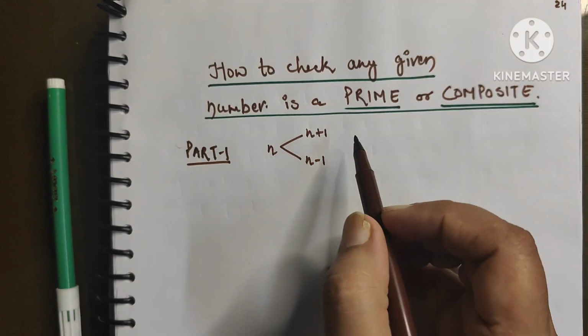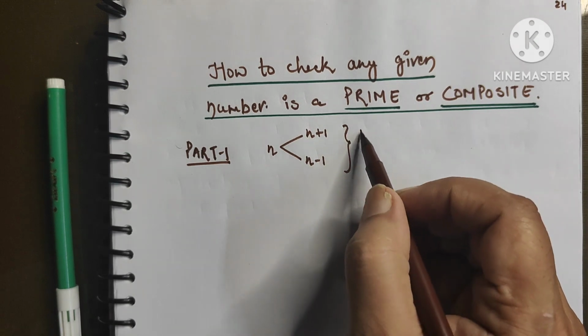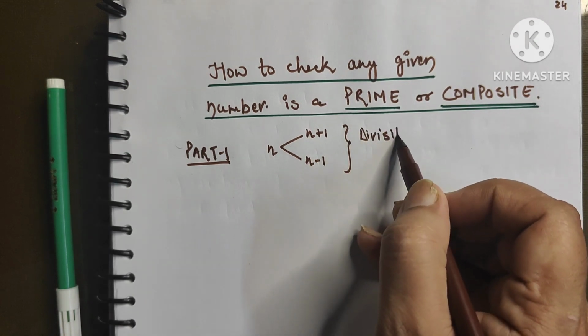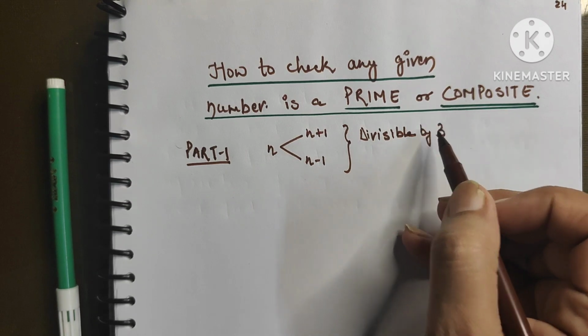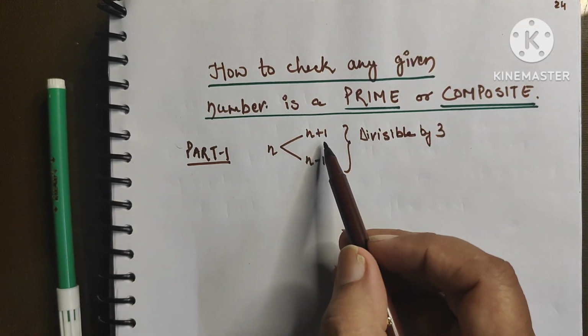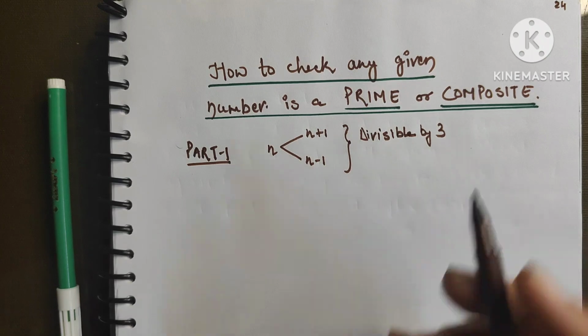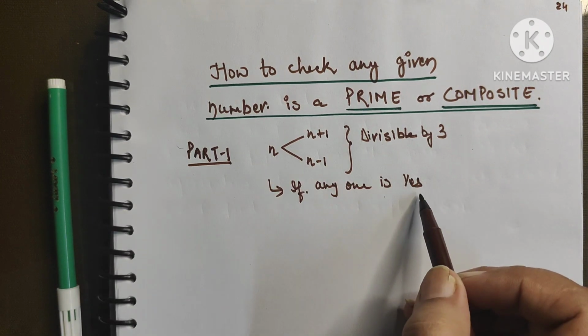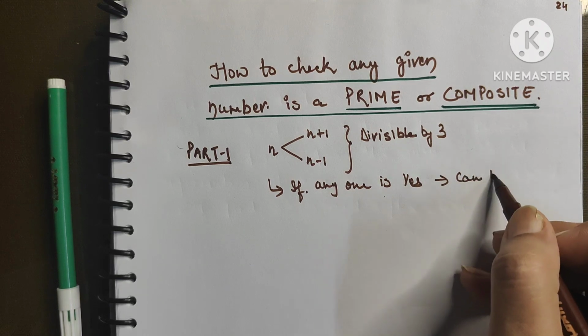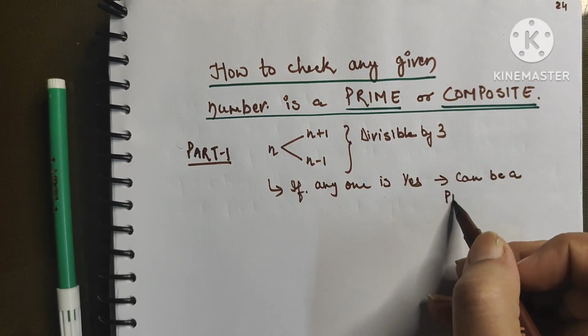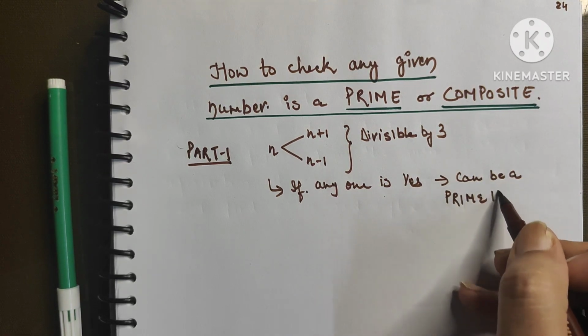After that, check the divisibility of these two numbers by 3. So n plus 1 divided by 3, n minus 1 divided by 3. If any one is yes, then the number can be a prime number.